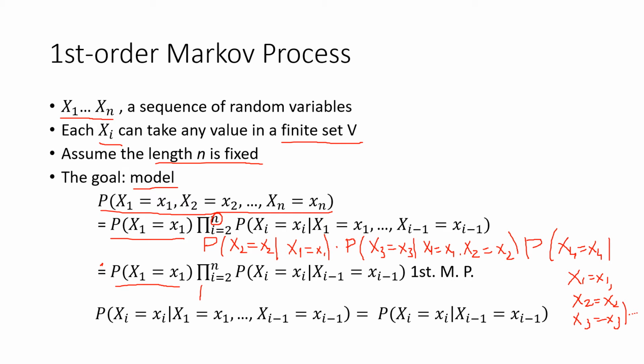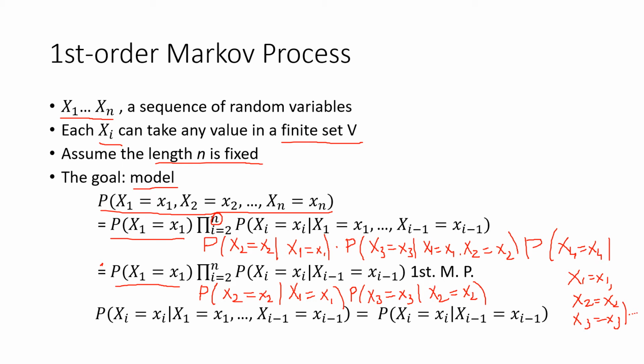the following product terms. So for i equals 2, we have again the probability of the second word given the first word, because here we have the same history as before. And then for i equals 3, we write P of X3 equals x3, given only the previous word, that is variable X2 equals x2.